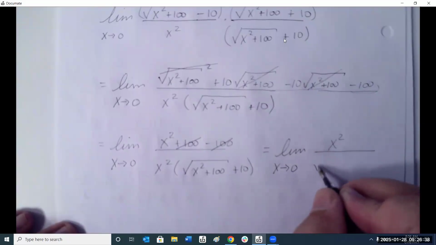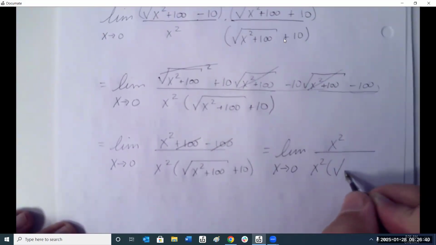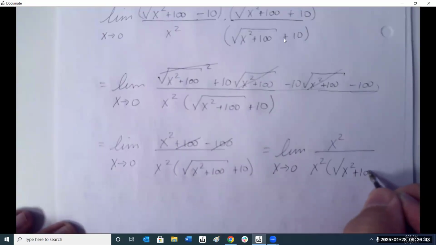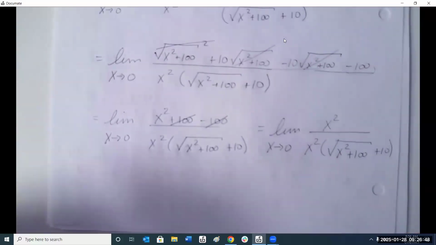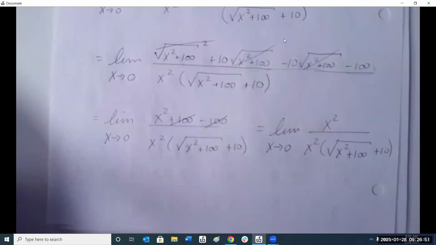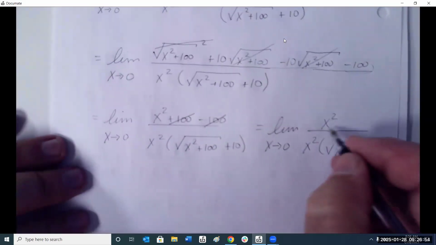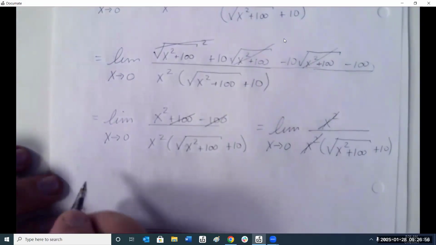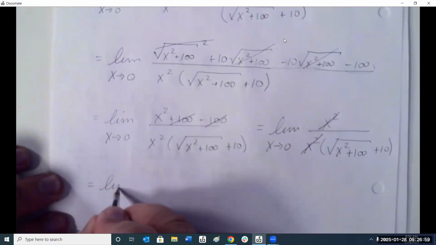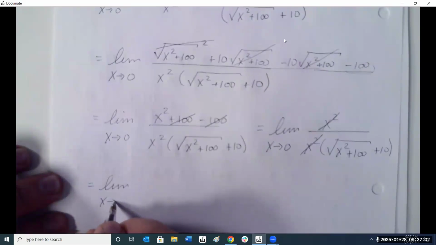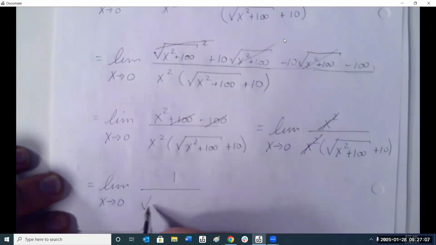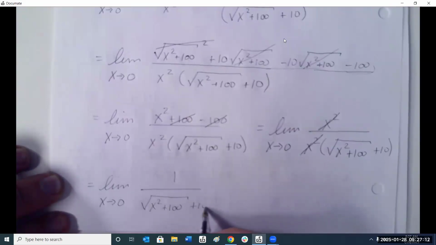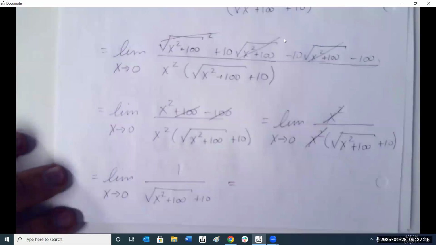We have x squared over x squared times the square root of x squared plus 100 plus 10. What do I do next? The x squares cancel. So limit as x approaches 0 of 1 over the square root of x squared plus 100, plus 10.